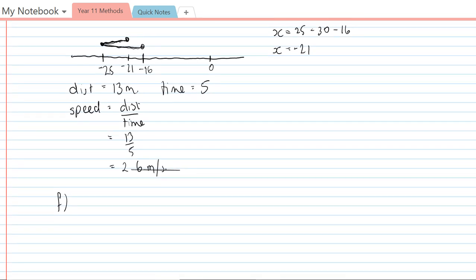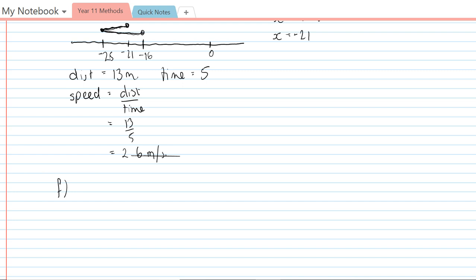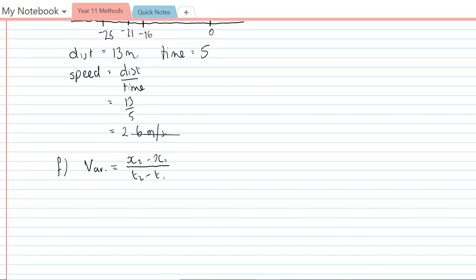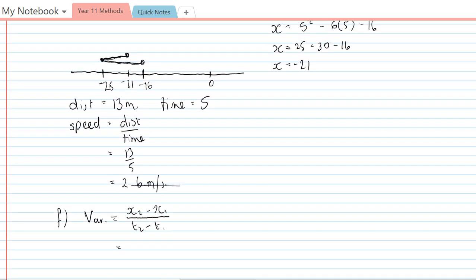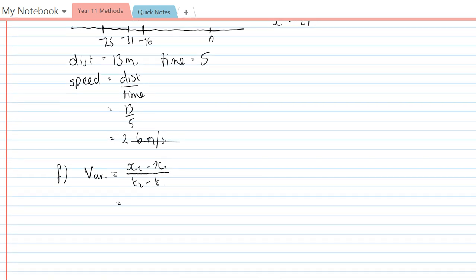So to do the average velocity, I'll call it V with an AV down the bottom there, it's really just the change in displacement over the change in time. So I can say x2 minus x1, that's the change in displacement, divided by t2 minus t1, the change in time. Actually, I might use the later point.